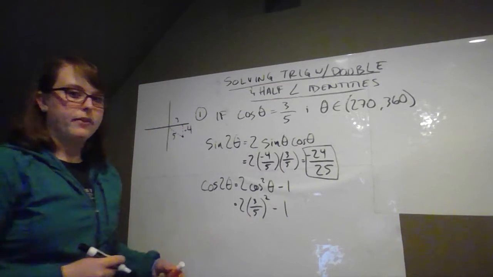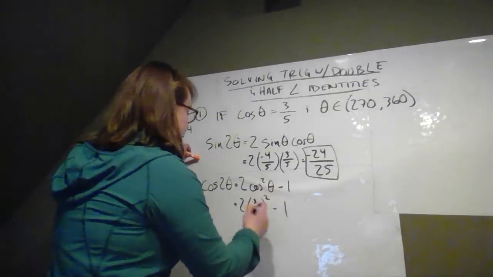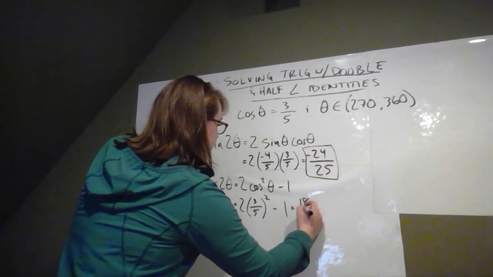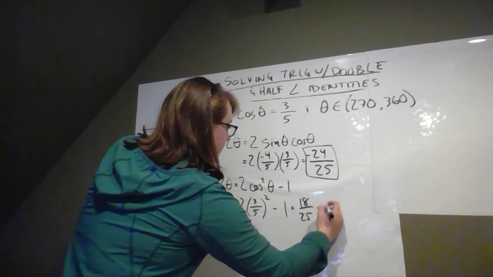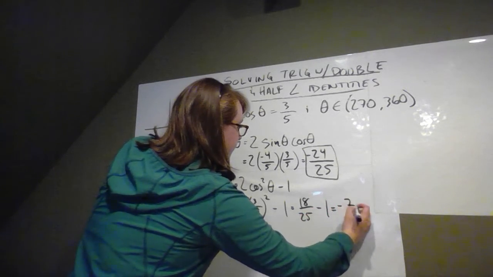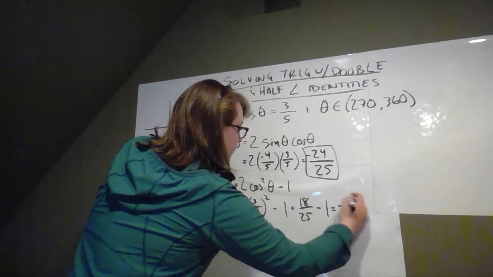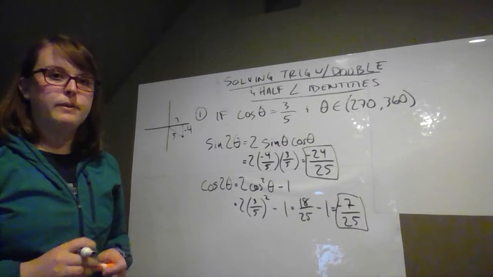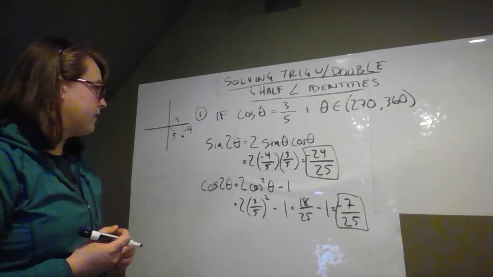And now we just have to do the math to solve this out. 3/5 squared is 9/25, so times 2 would be 18/25. Minus 1 would give me negative 7/25. So cosine of 2 theta would be negative 7/25.